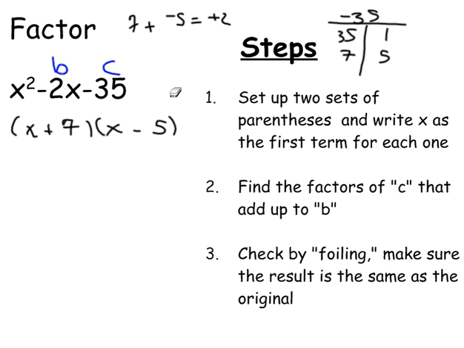That's positive 2. That's not going to work because it's supposed to add up to negative 2, not positive 2. So I can't make that positive and I can't make that negative. I need to make this one negative and I'll make this one positive. Now they will add up to negative 2. Negative 7 plus 5 is indeed negative 2.